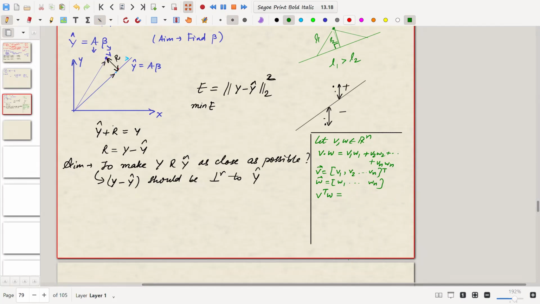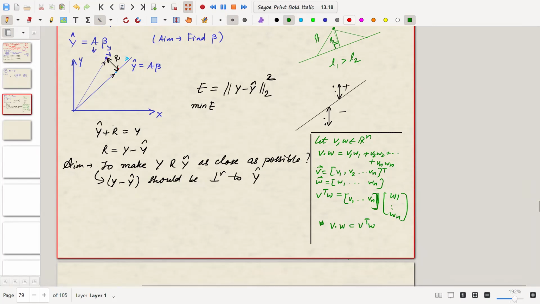If you do V transpose W, what do you get? Correct. Now you will get 1 cross 1. So can you see that V dot W is nothing but V transpose W? The dot product is nothing but multiplying the transpose of the vector times W. The same thing we will use here.